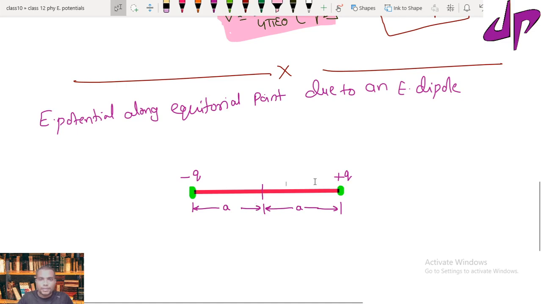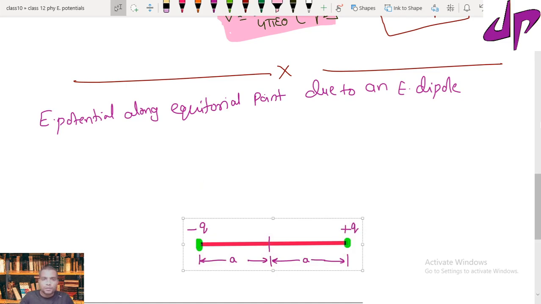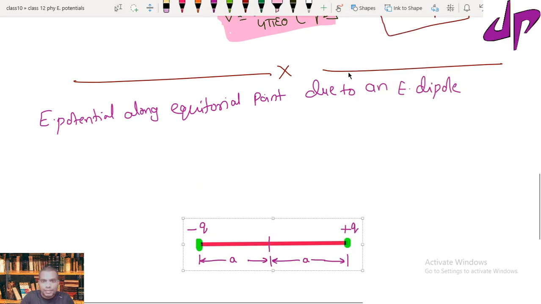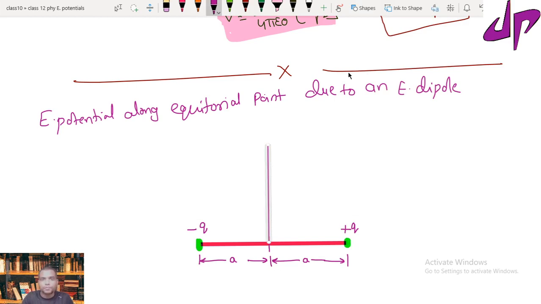Now if I take this as the dipole, I will consider a location exactly at the middle of it. Now I will consider a point P. So this is the point P, and this point is along the perpendicular bisector of the dipole axis.